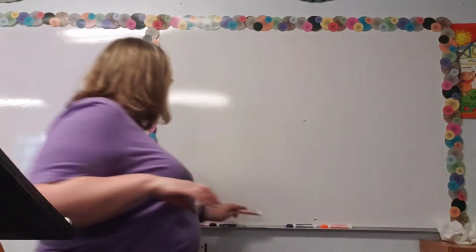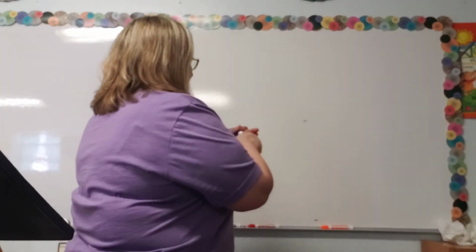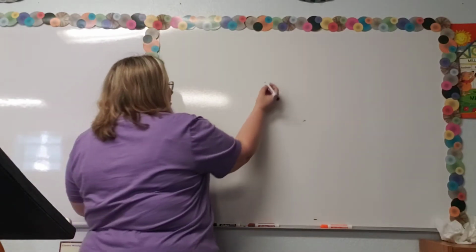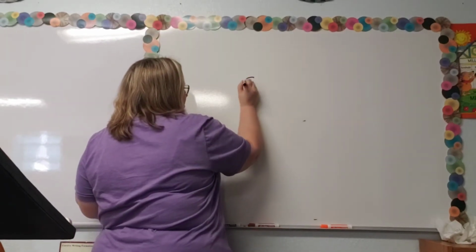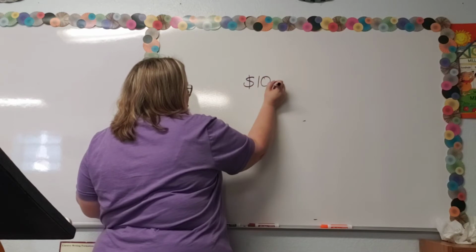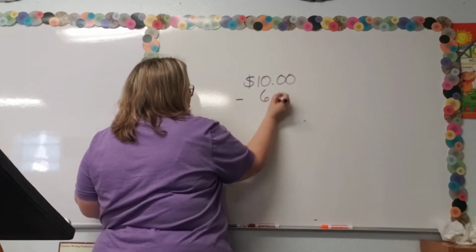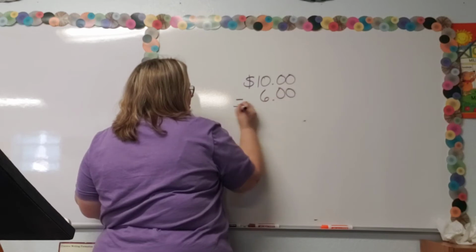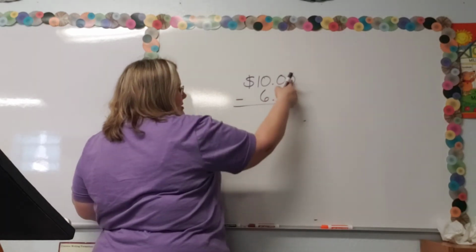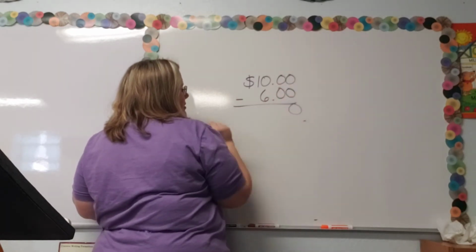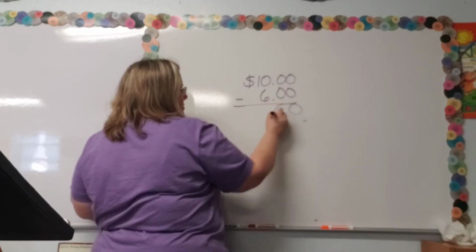So the way to figure that out, I'm going to switch markers, is we have $10, so he paid $10, and it's only $6. So we're going to line up our math problem, okay, and then we've got to subtract. 0 minus 0, 0. 0 minus 0, 0.